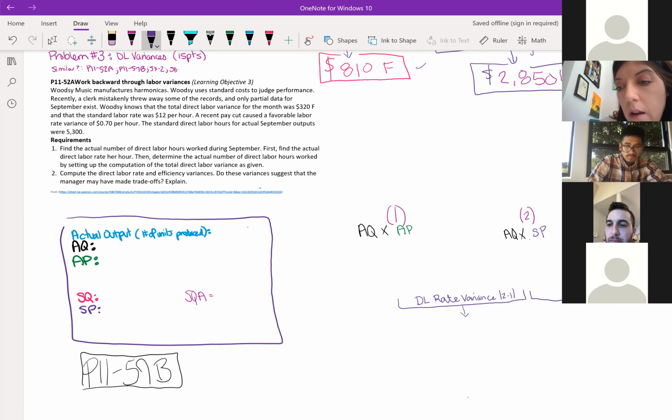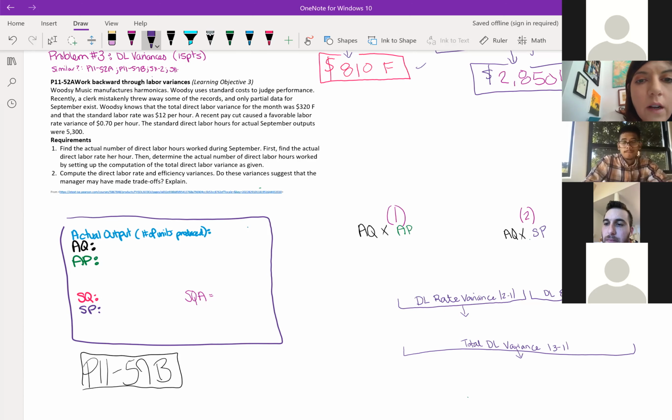Comparing 3 to 2, we're calculating our direct labor efficiency variance. And comparing 3 to 1, that's our total direct labor variance. They've given us 320 favorable, so 3 minus 1 is 320 favorable.